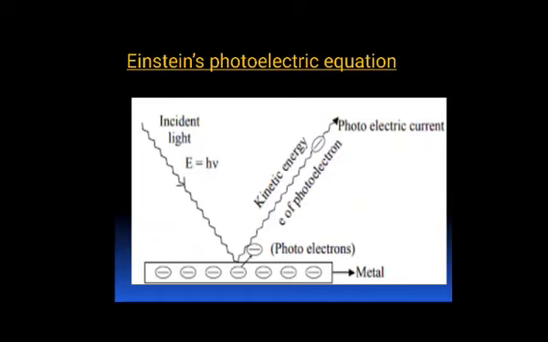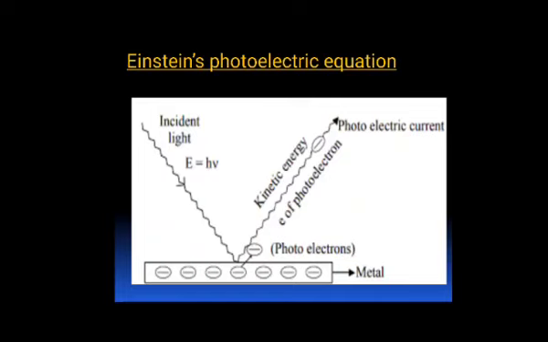It is equal to the work function. Hope you remember work function W. The remaining part of the energy is used to provide kinetic energy to the emitted electron.